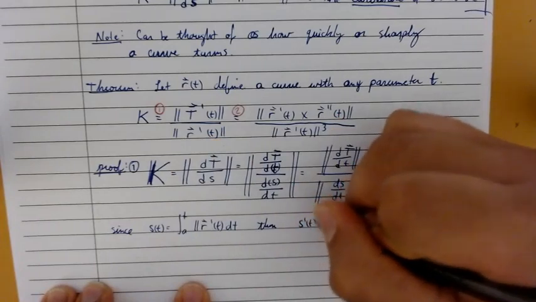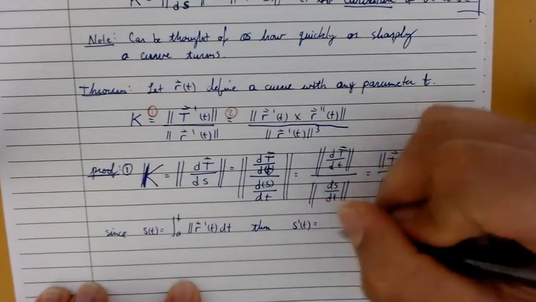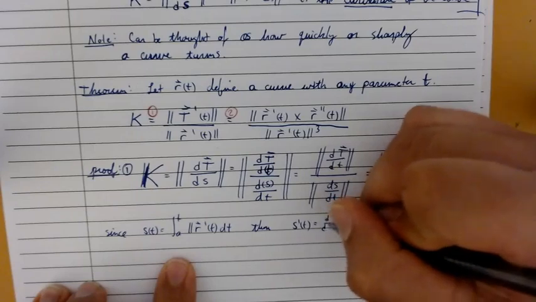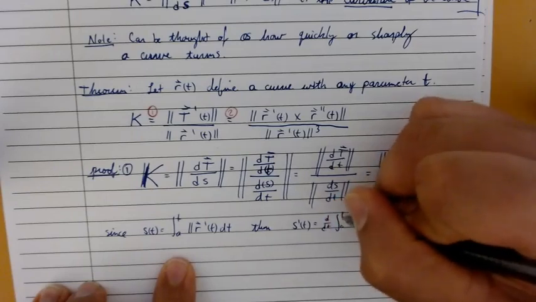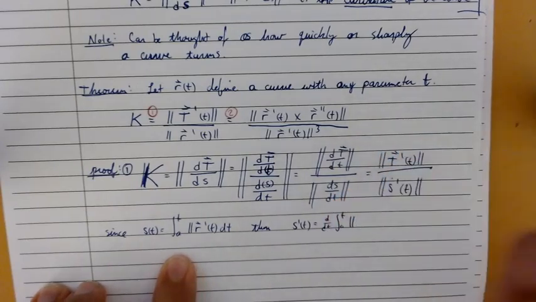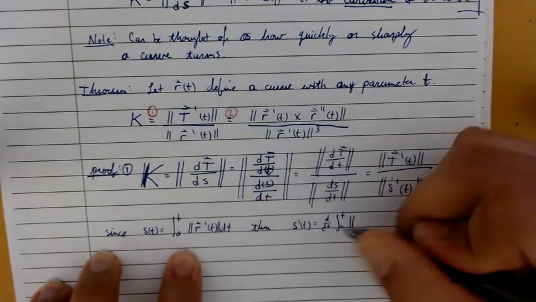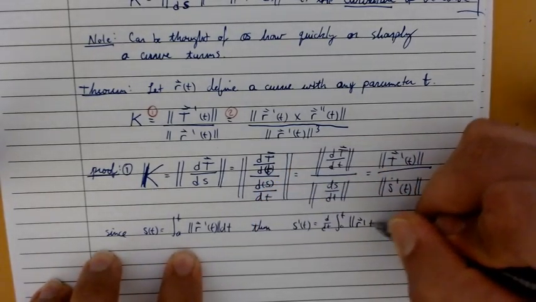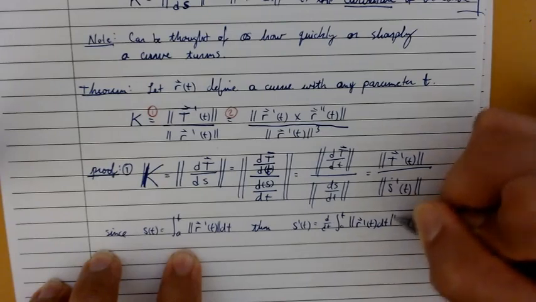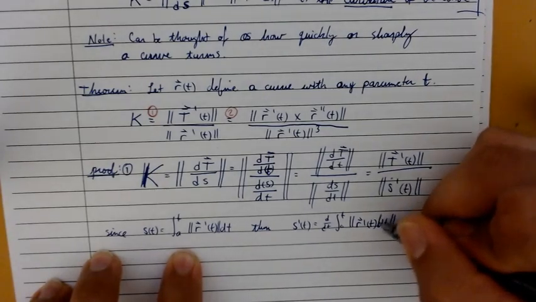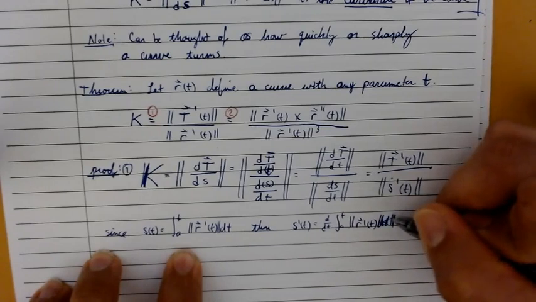then s prime of t is equal to the derivative with respect to t of the integral from a to t of the magnitude of r prime of t dt. Oops, my dt should be on the outside, but yes, dt.